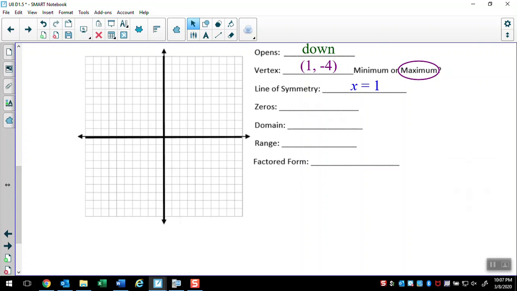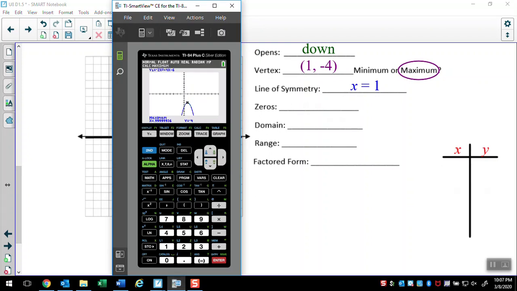All right, so my table will look like this. And I can go ahead and go to second graph. My vertex was (1, -4). So I'm going to make sure I have that in view, and I'm only going to include the ones that will actually fit on my graph. And my graph extends to -10 and +10 on the x-axis and -10 and +10 on the y-axis.